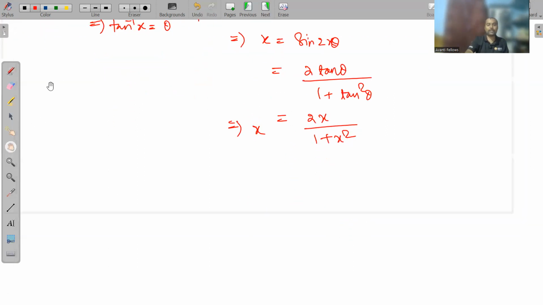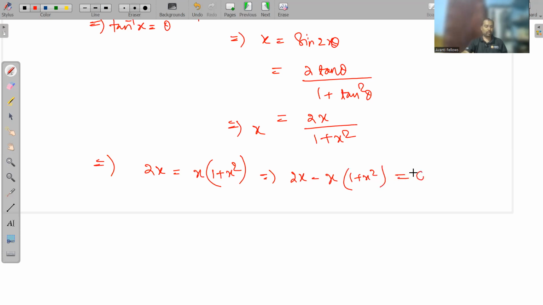Simplifying, 2x is equal to x into 1 plus x square, so 2x minus x into 1 plus x square is equal to 0. Taking x common, we get x into 1 minus x square is equal to 0.